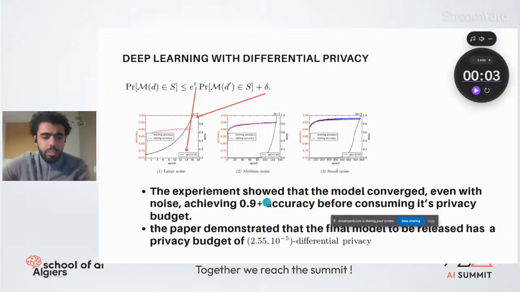The experiments showed that the model converged even with noise, which is a good sign, achieving more than 90% accuracy before consuming its privacy budget.